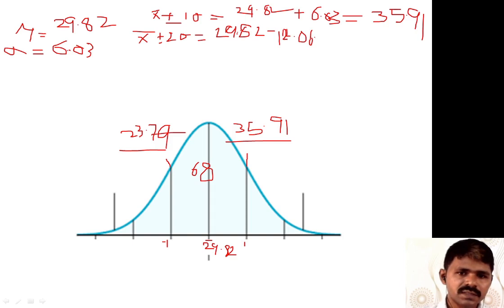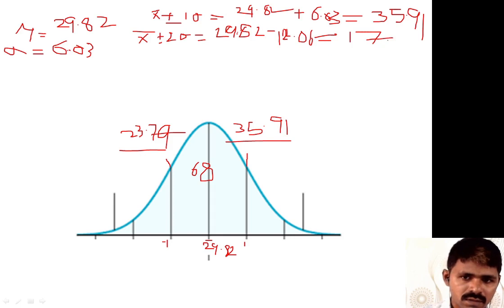If you subtract 12.06 from 29.82, the value is 17.76. If you add it, we are getting 41.88.